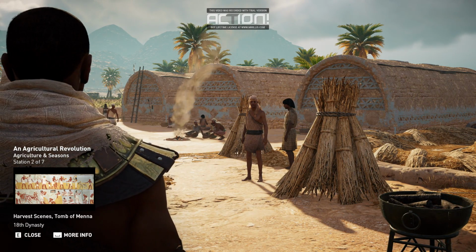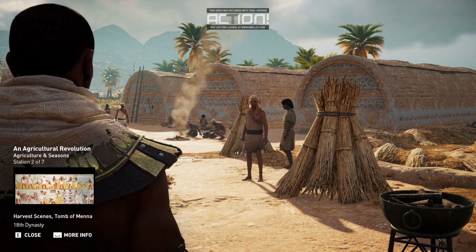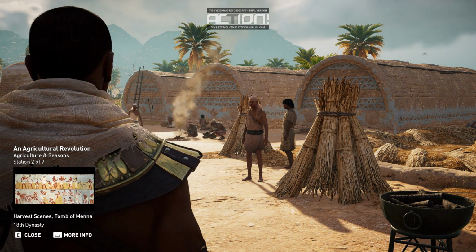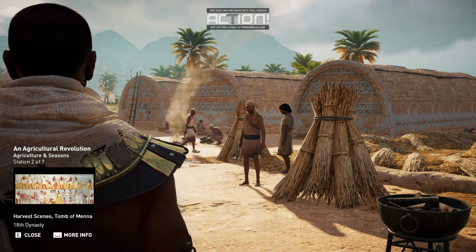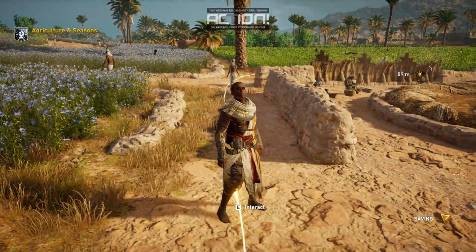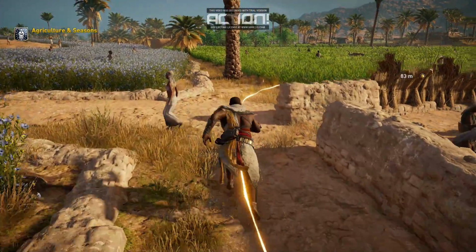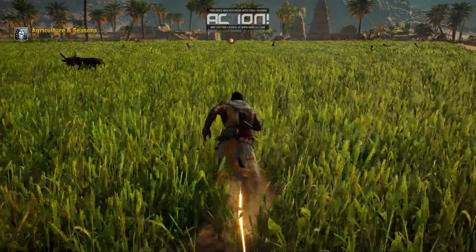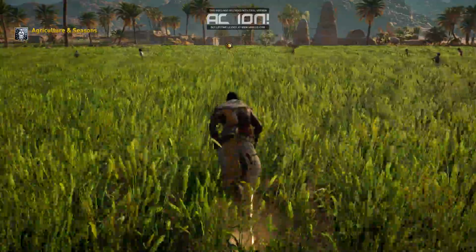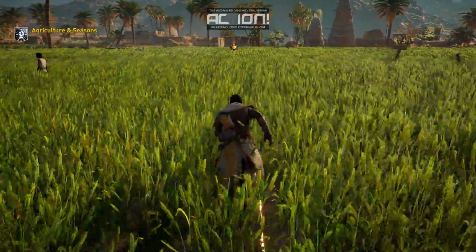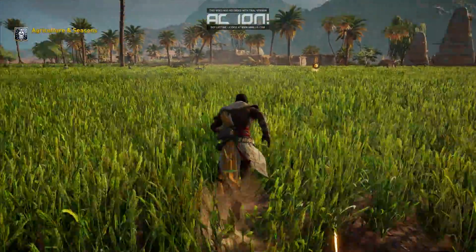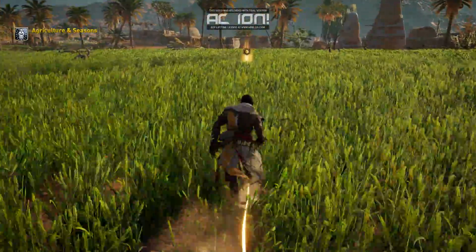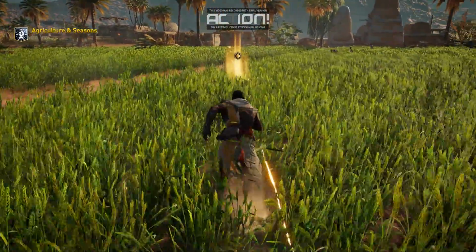And throughout history, Egypt has been a huge producer of grains, and specifically wheat, for a lot of ancient cultures. So we're going to take a trip through one of the fields here, see some grazing livestock within as well. So all of this would not be possible without the annual floodings of the Nile putting nutrients back into the soil.